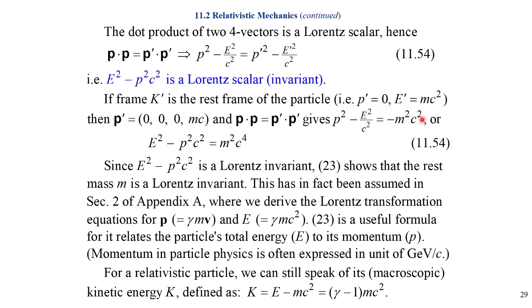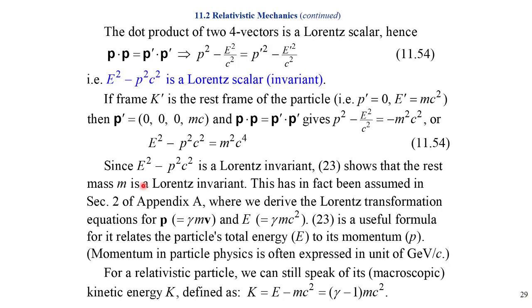On the other hand, we can exchange c squared to here, and change sign. So we got E squared minus P squared c squared equals m squared c squared. That means this is invariant, and the rest mass m is Lorentz invariant.